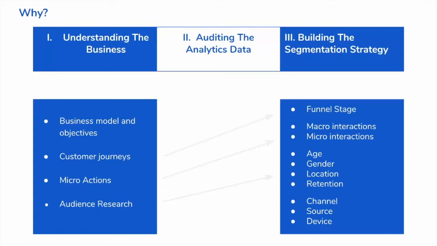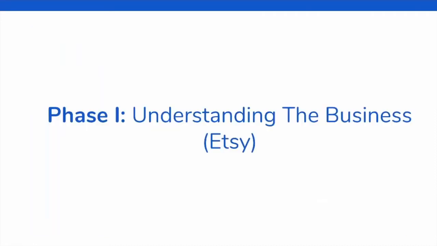Of course, you don't have to miss the interim step that's auditing the analytics data and really find out what's correct in there and what's not, because most of the time not 100% of the data is correct, so you have to know what you can rely on.